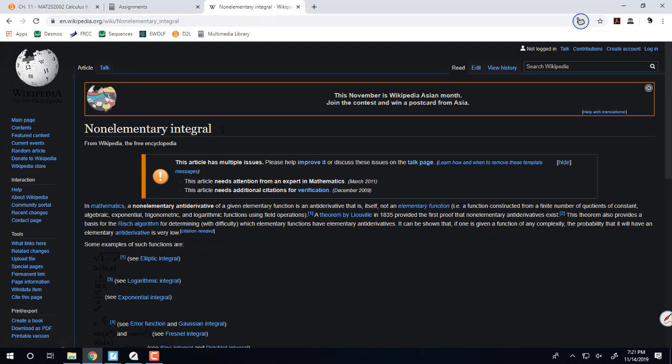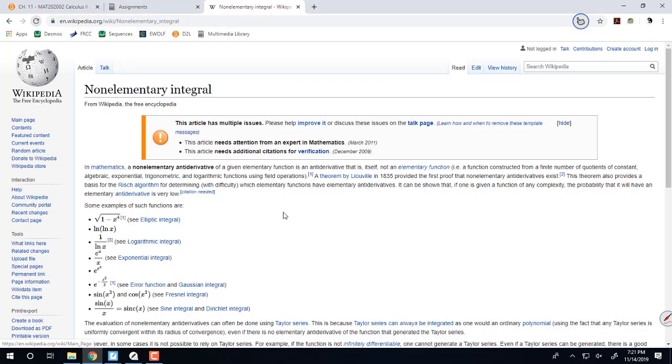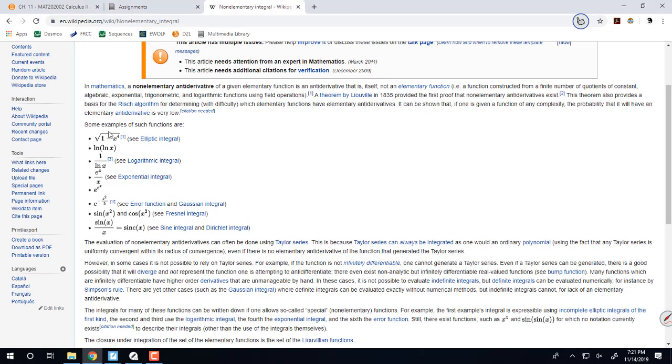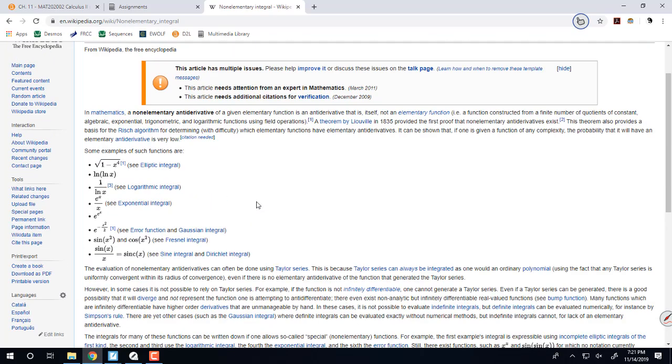Wikipedia is calling it a non-elementary integral. So here's a couple of functions. That's just a few functions we couldn't find an antiderivative for. So we can express these functions as power series as well.